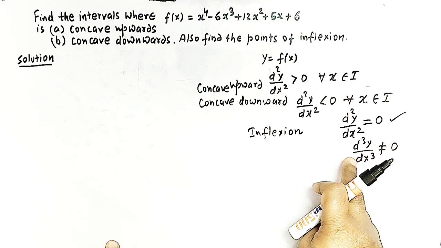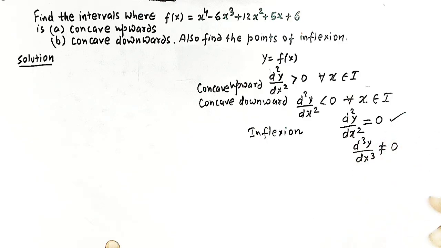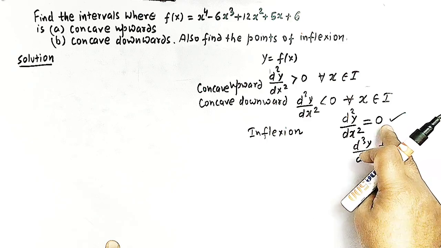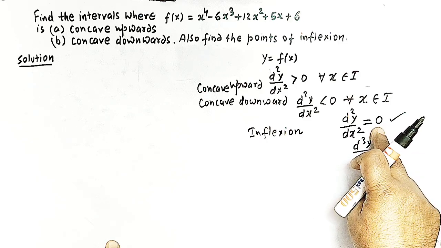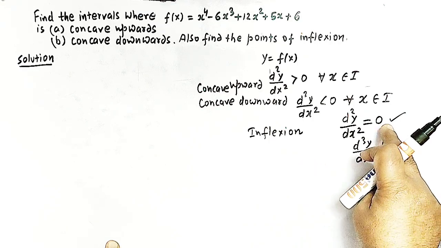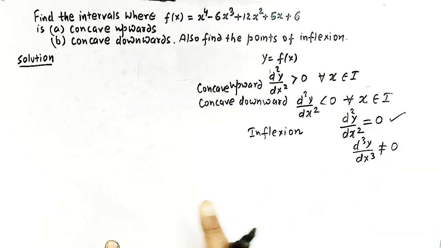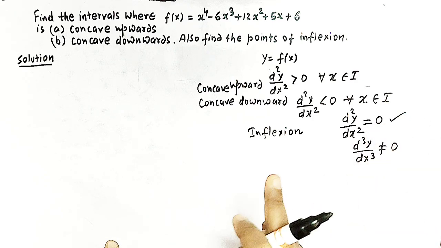And if the third derivative is not equal to 0 for the values of x obtained by solving this equation, then we can say that these values of x are the points of inflection, right?